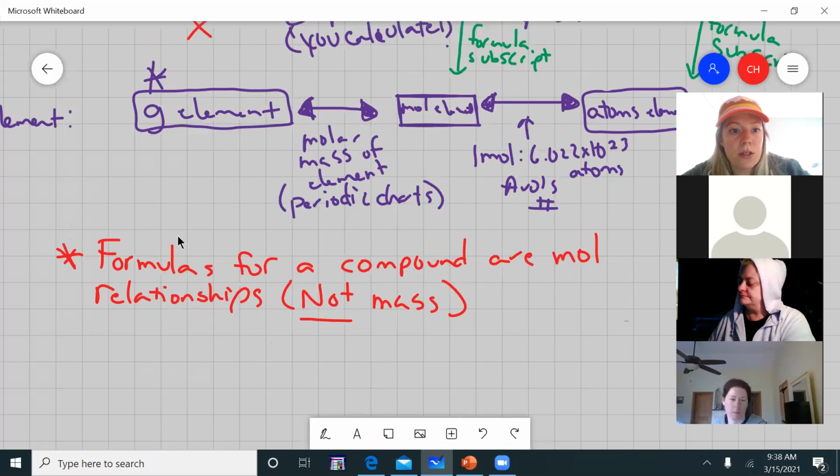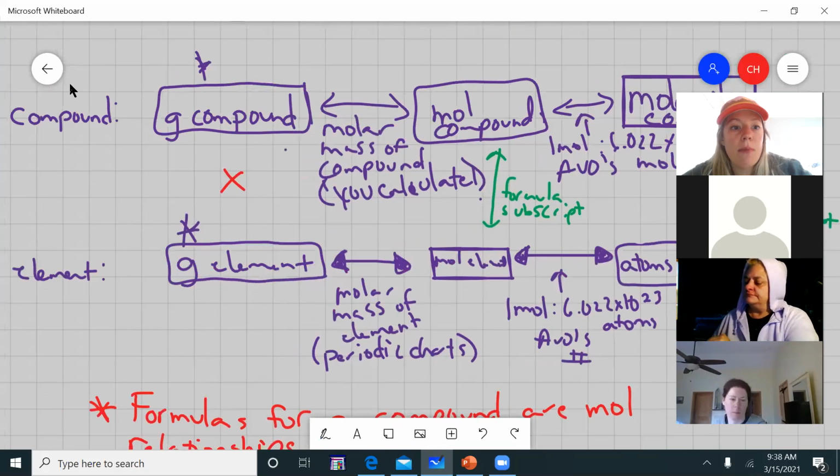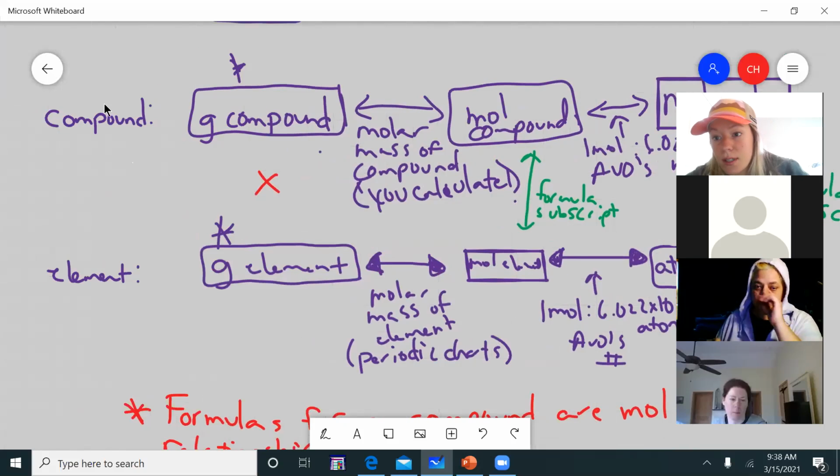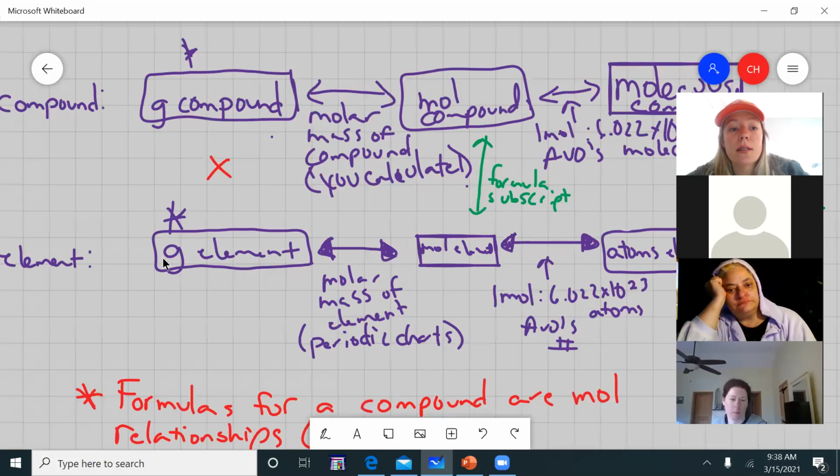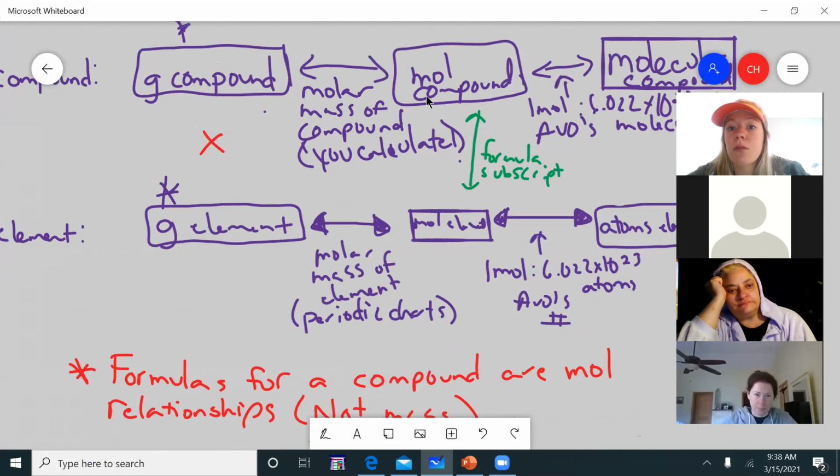So just to refresh, we've got our compounds. I have it on top. Sometimes you'll see these on the bottom, element on the bottom. And we can easily convert between grams of a compound, moles of a compound, or molecules of a compound, and vice versa. We can do it with elements as well.